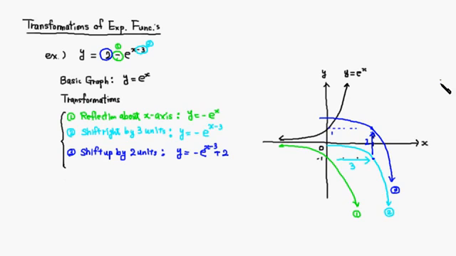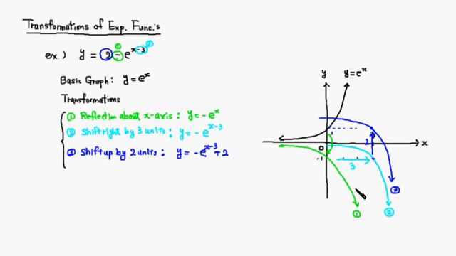So if you want to sketch the graph of 2 minus e to the x minus 3, all you have to do is start with the basic graph, which is y equals e to the x, apply a reflection, move it to the right 3 units, and shift it up 2 units, and then you can get the graph right there.